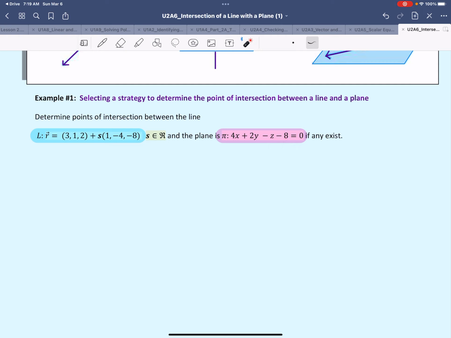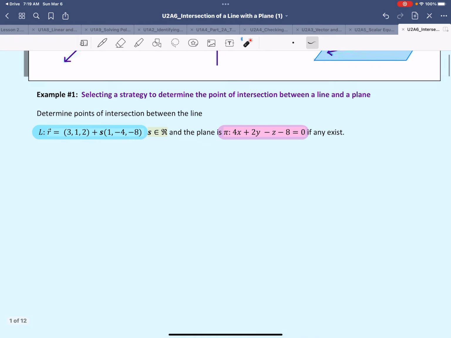Now, remember that here we're given the vector equation of the line and here we're given the scalar equation of the plane. And we're going to say that if a line intersects the plane, that can be at any point of the line. So any point with coordinates x, y, z from this line can intersect the plane pi.